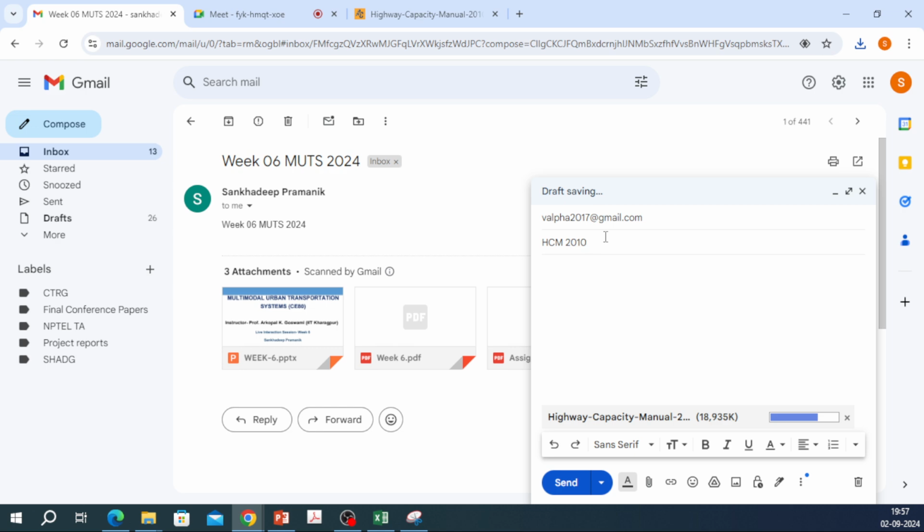Although it is 2010, I think a similar formula is given in 2000 also.